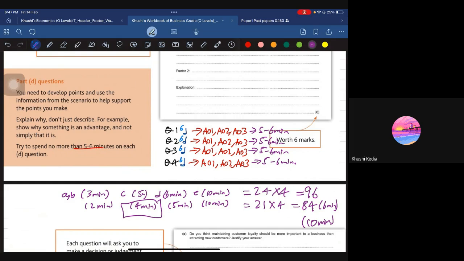Although I always believe that it is fair with the student that it takes time. If I'm writing it down, I have to think about the point, and I have to think about a good analysis related to that. Yes, they also take time, no doubt about it.